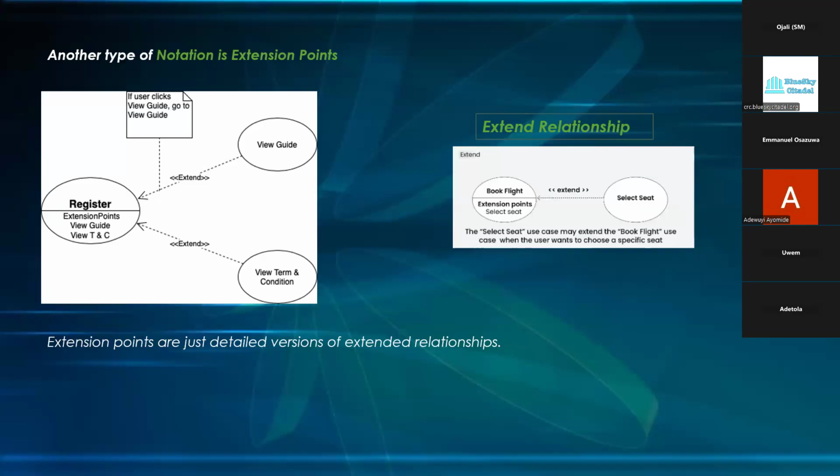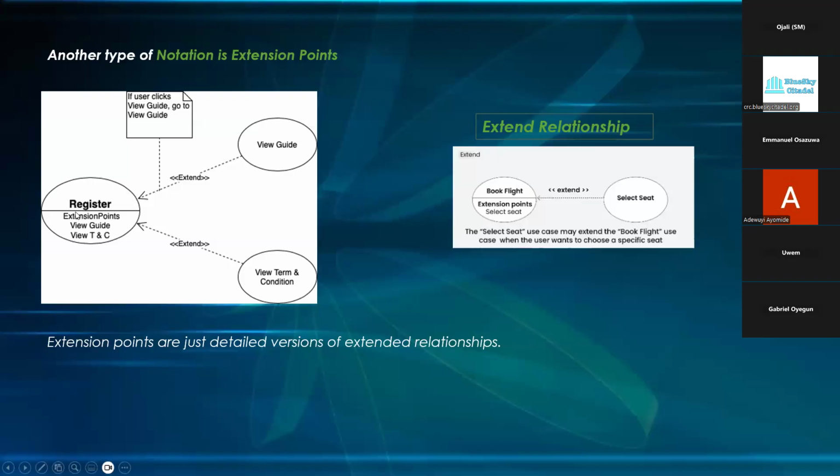You are designing the system, and part of the requirement says that to register you also have the option to use a guide, and you also have the option to read the terms and conditions before you register, because you want to know what is there for you. You want to understand the terms and conditions before you register.